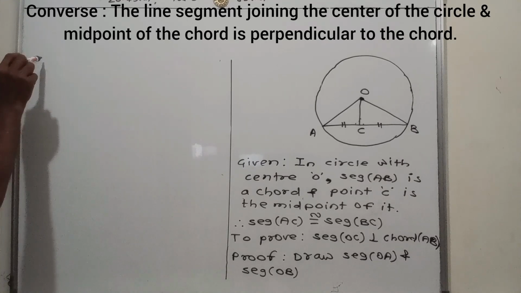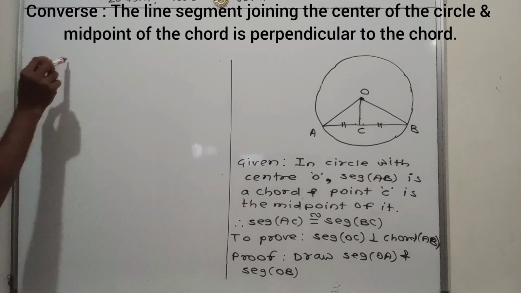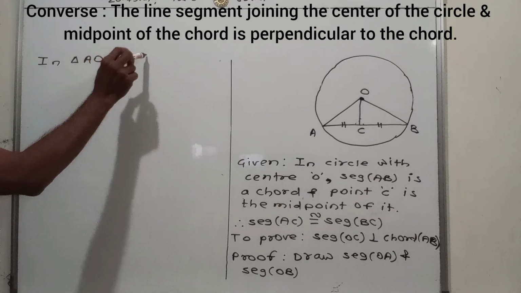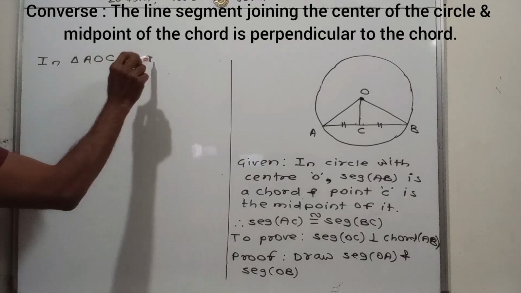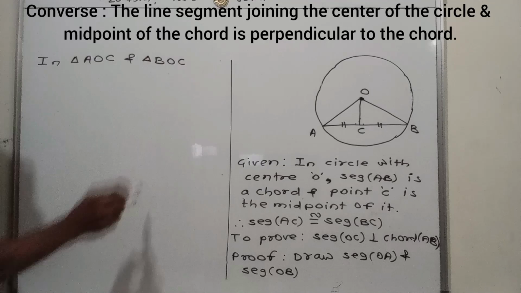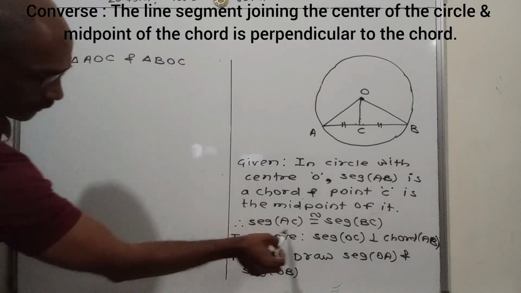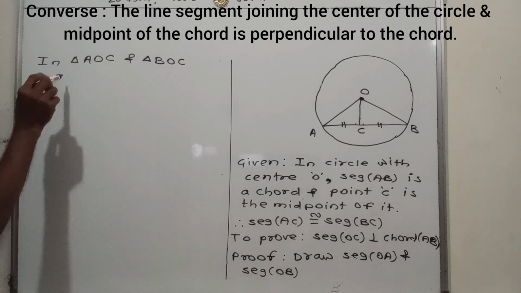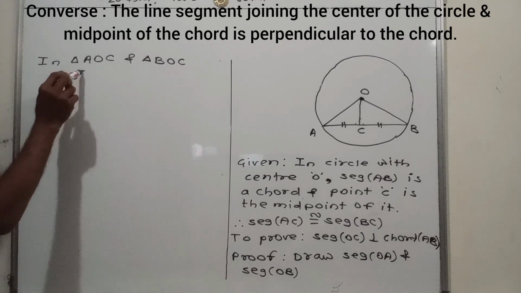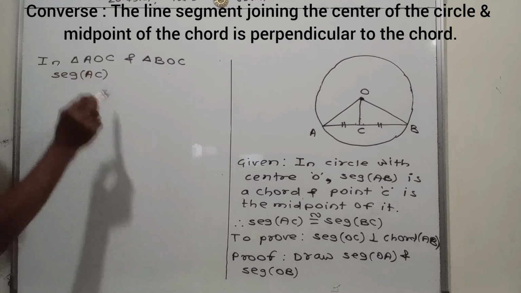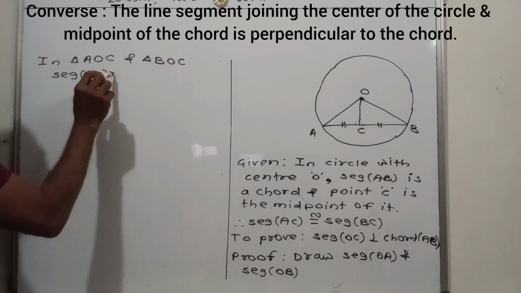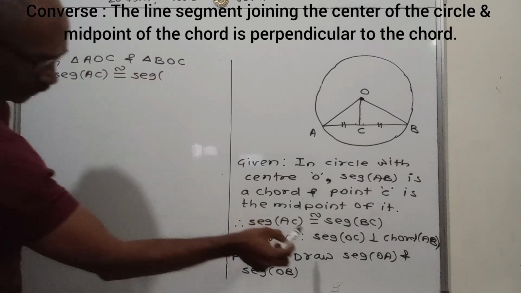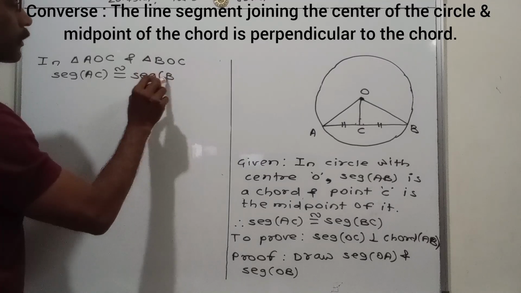Now, same way in triangle AOC and triangle BOC. In these two triangles, first start from given: segment AC congruent to segment BC.